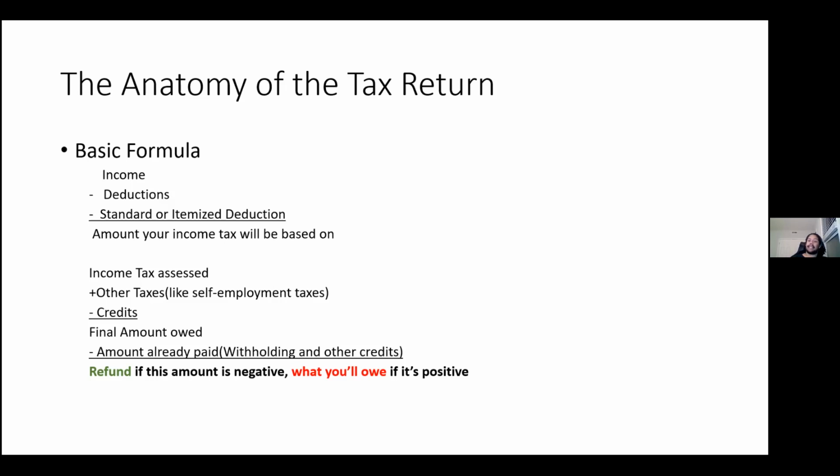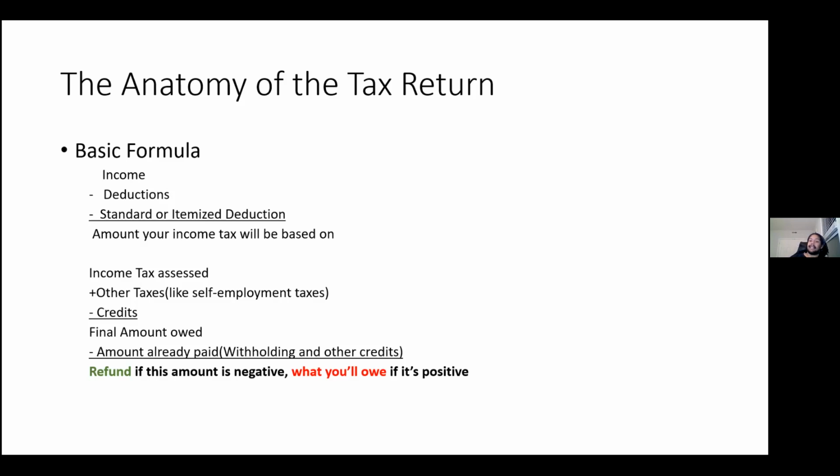You have other taxes that you have to pay on this return as well, minus credits, like the child tax credit. Those are the things the government gives you to go against that tax bill. And then what you have left is the final amount owed.